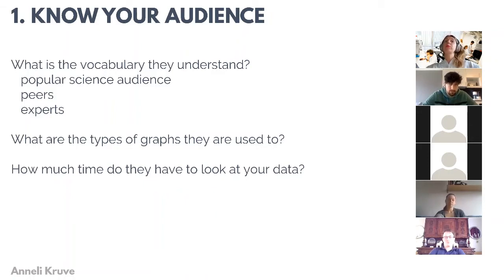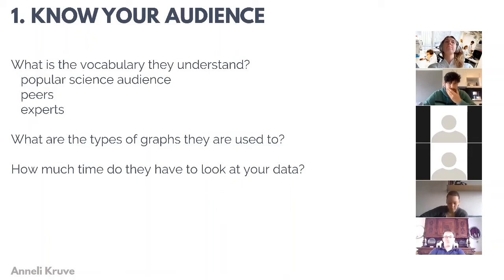So what types of graphs is the audience used to? Is it that they understand very complicated graphs, or is it that they are mostly used with very basic line charts, for example? And also the field defines a bit what kind of graphs they are used to.